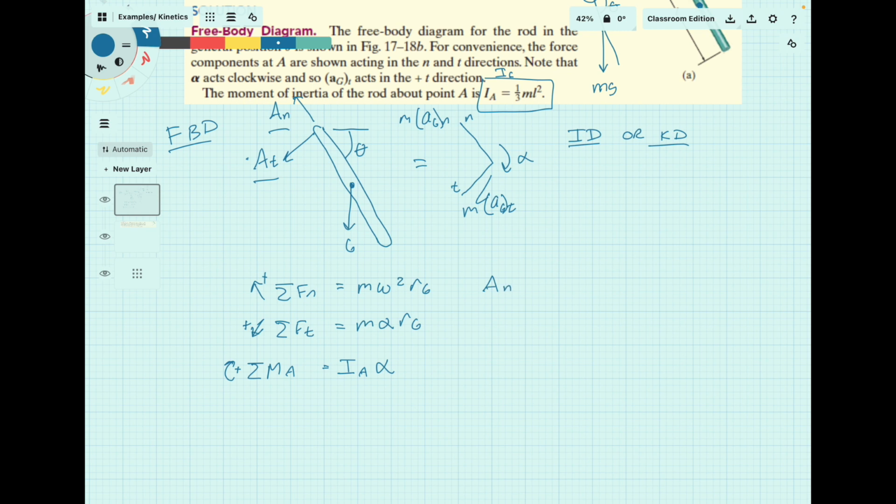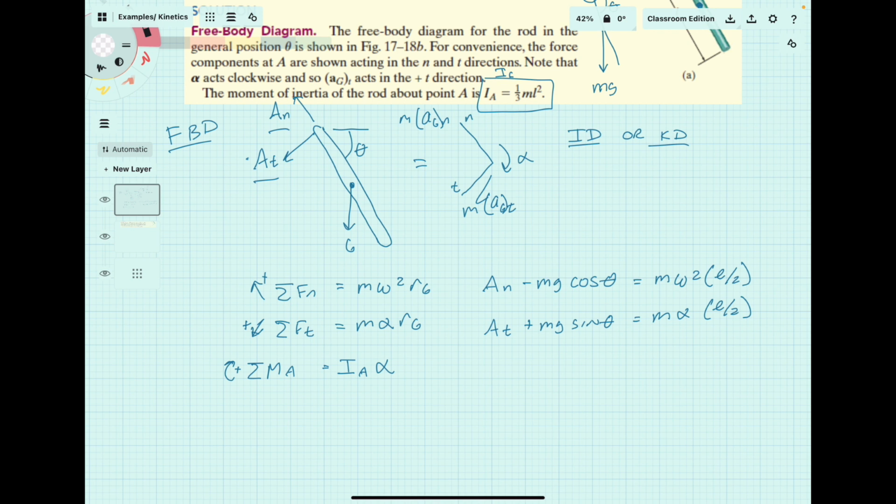We'll have, in this case, the reaction force AN minus mg cos theta is equal to m omega squared times L over 2. That'd be the RG term, would be the L over 2. And we've got AT plus mg sine theta is equal to mass times alpha times L over 2.